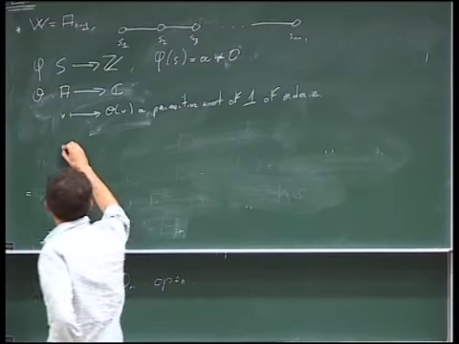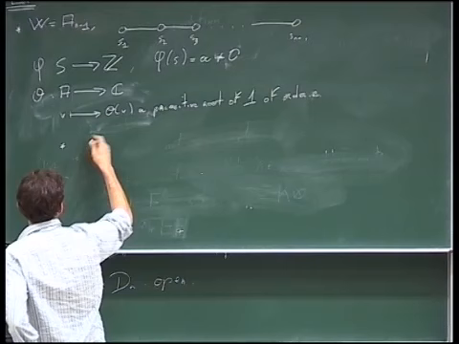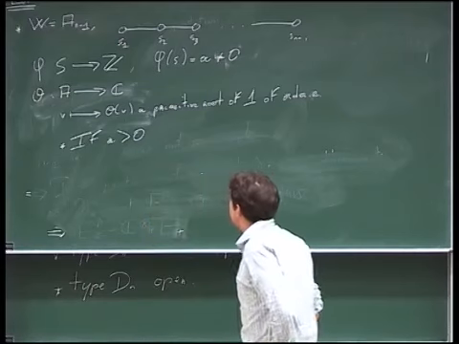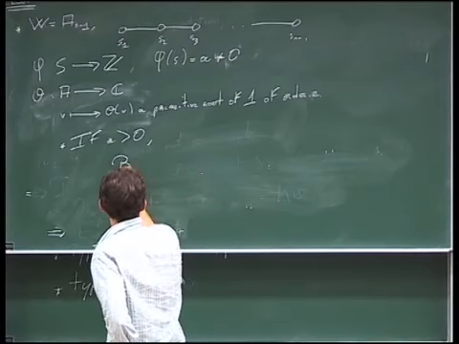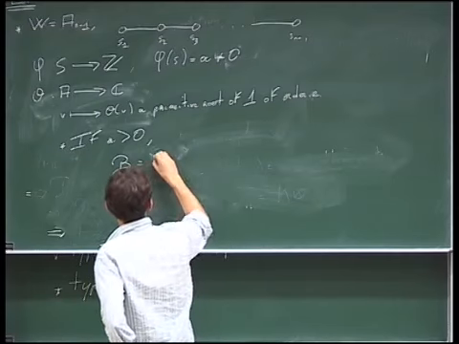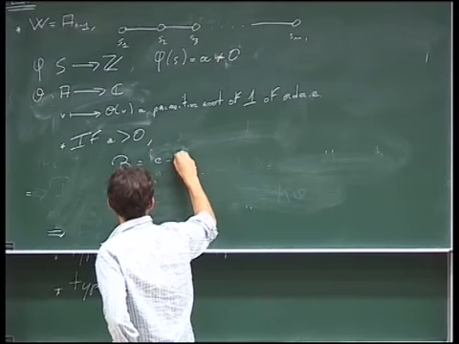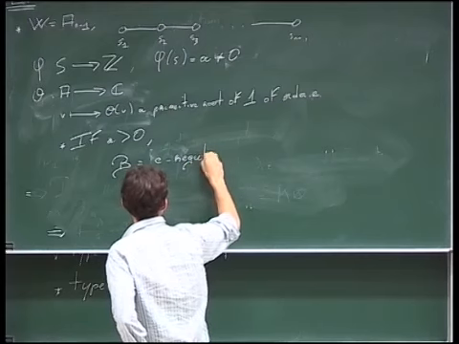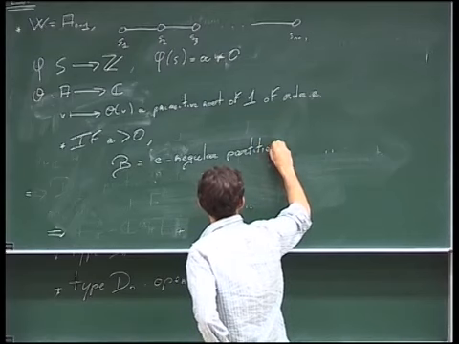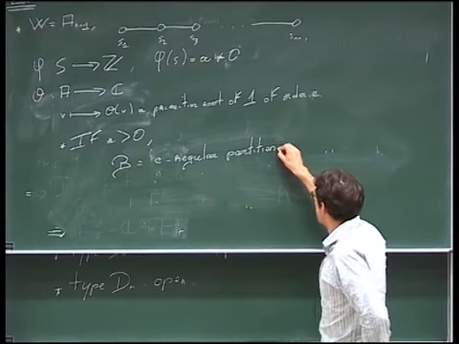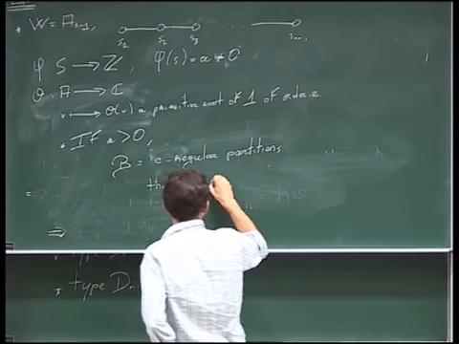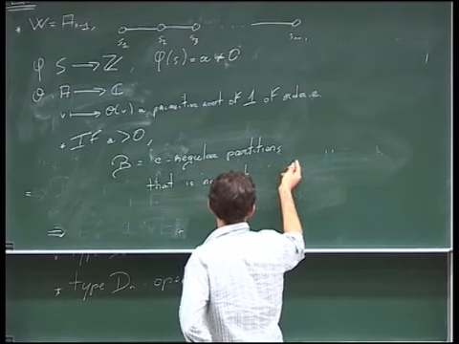And if you want to compute the basic set associated with this, you have two cases to consider. If a is positive, then B is the set of e-regular partitions, that is, no part is repeated e or more times.